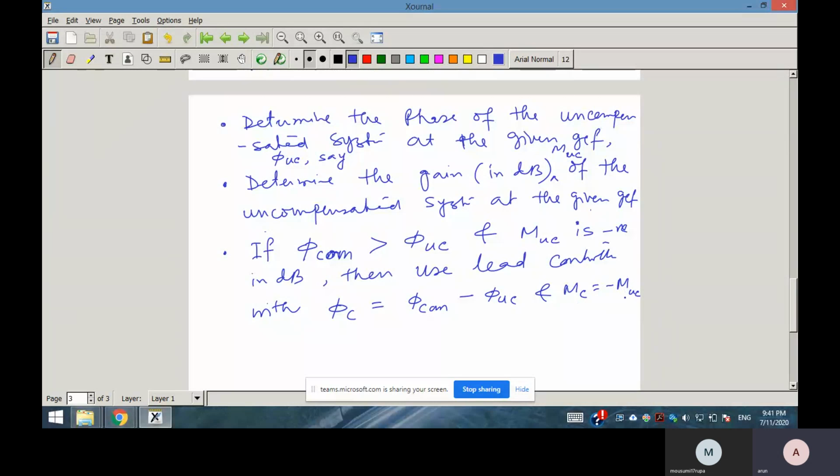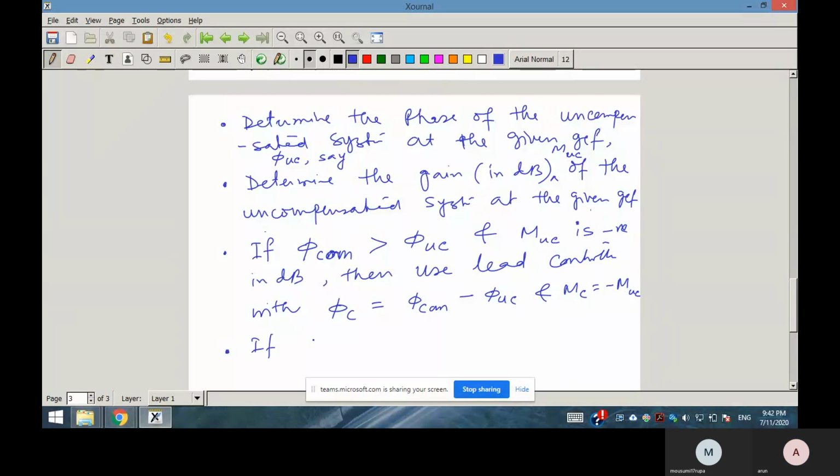So MC equals minus MUC, and MC is positive here. At the gain crossover frequency the gain should be equal to 1, so since the gain is negative there, we have to amplify it by minus MUC. So this is the condition for using a lead controller.